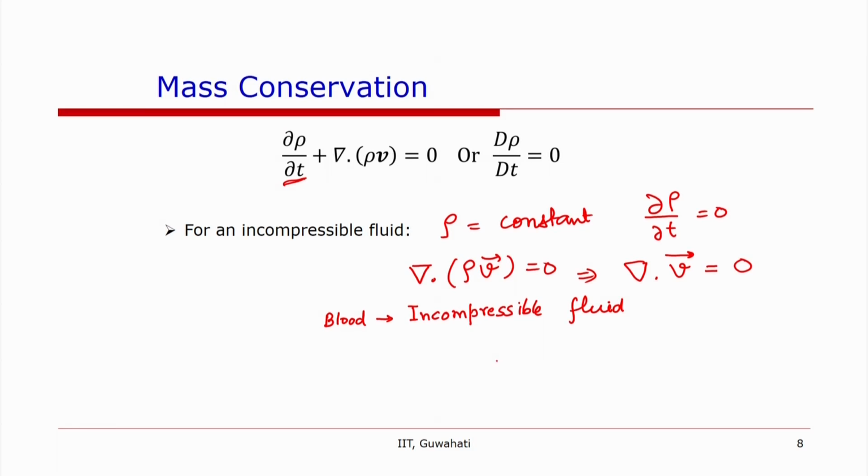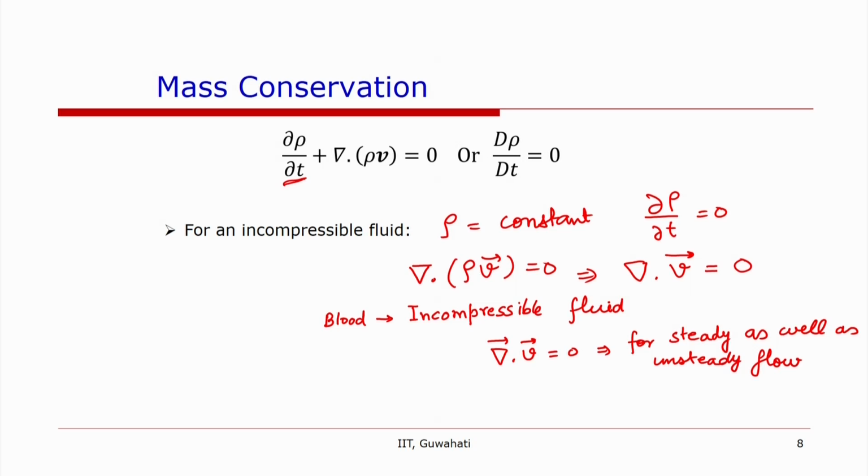So del dot V is equal to 0 is good for steady as well as unsteady flow, because rho is anyway constant with time.